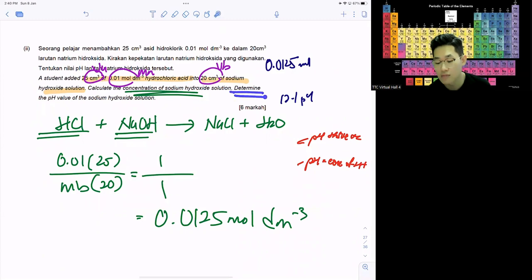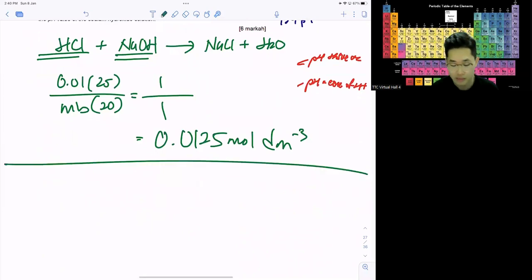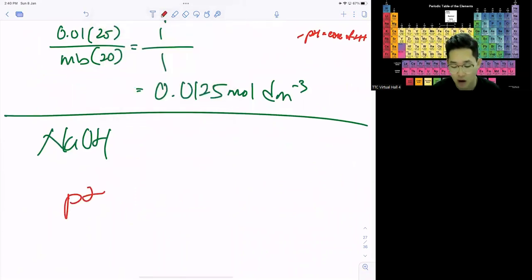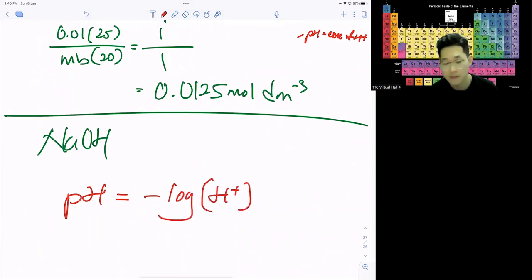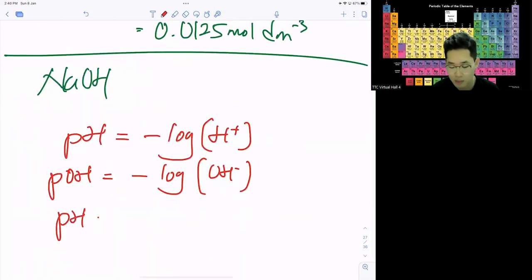And then determine the pH value of sodium hydroxide solution. So to calculate pH, we have 3 formulas. pH equals negative log H plus. pOH equals negative log OH minus. And pH plus pOH equals 14.